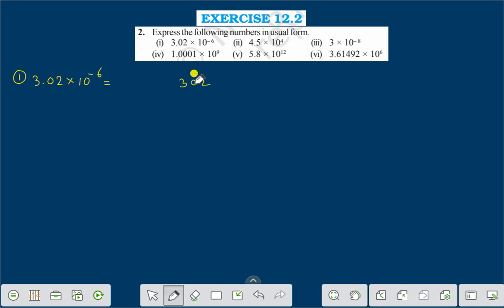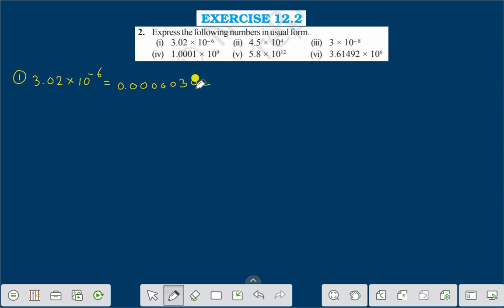Here there is 6, that means 1, 2, 3, 4, 5, 6. It can be written as 0.0000302.